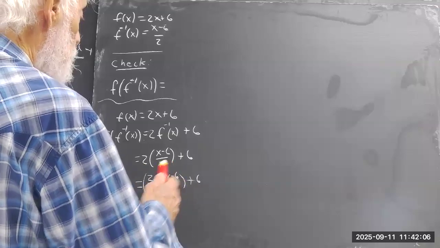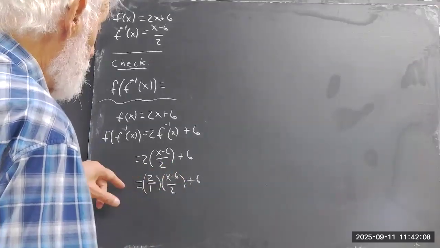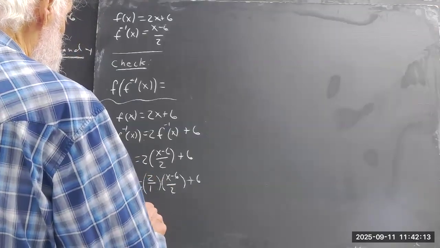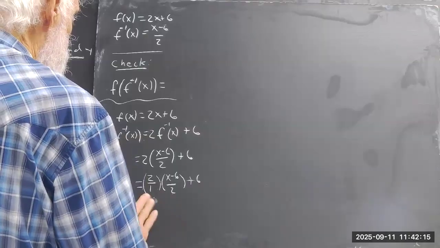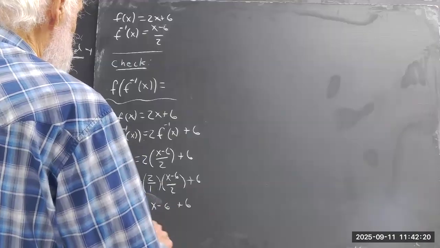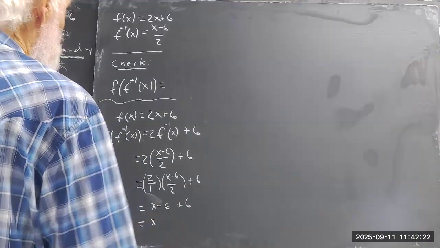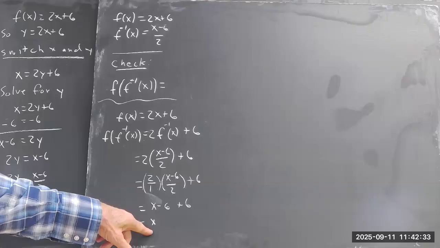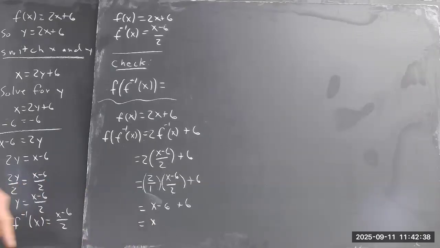That only works if these things are multiplied, but since they're multiplied, that 2 can divide that 2, and that gives me just x minus 6 plus 6, which is x. That doesn't quite confirm that these are inverse functions, but so far so good. f of f inverse of x is equal to x.